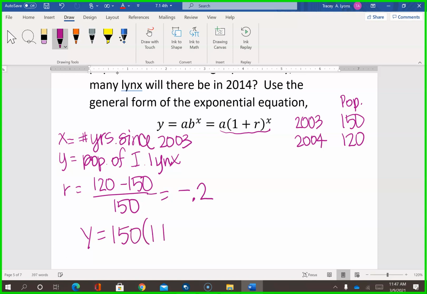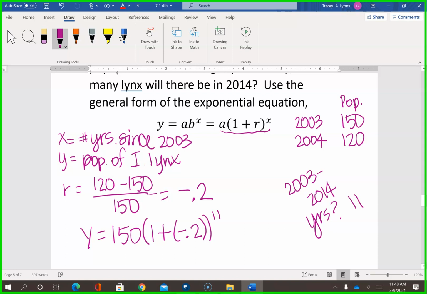In the parentheses, we have 1 plus a negative 0.2. Could you put that together right away? Yes. And then it's going to be taken to the, how many years between 2003 and 2014? 11. So that's where the 11 comes from, and that's what goes here.